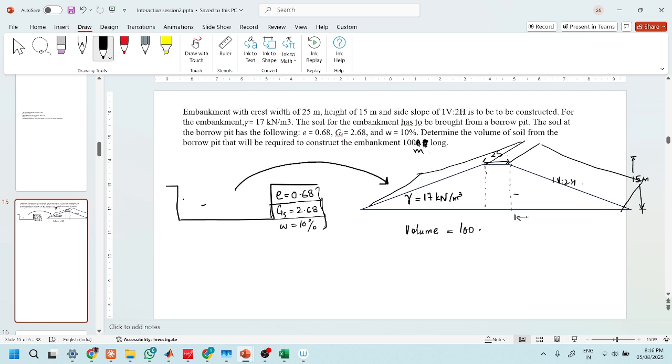So this will be 30. Is it correct? Yes, ma'am. So 82,500.